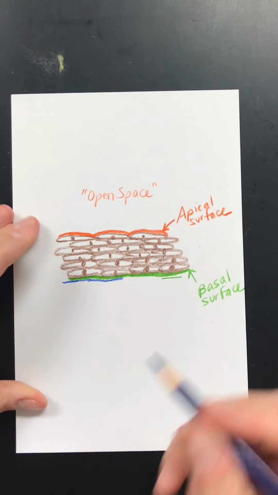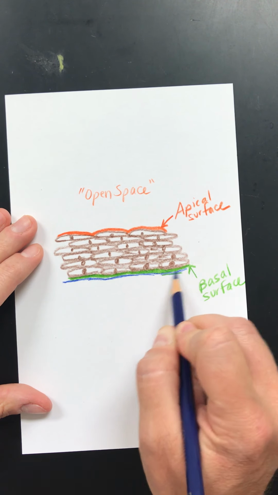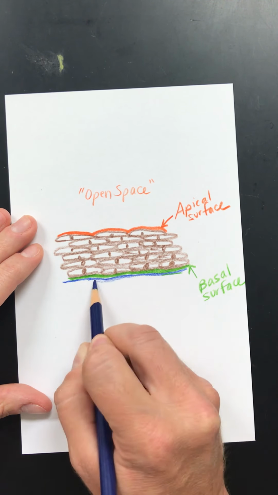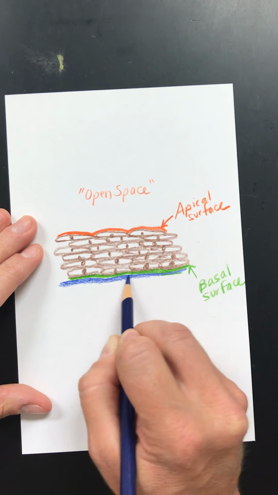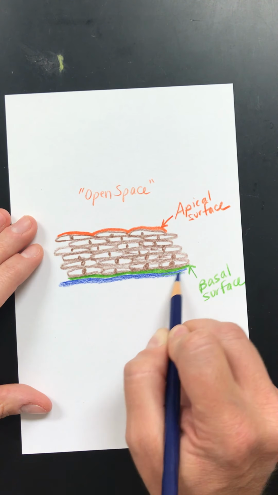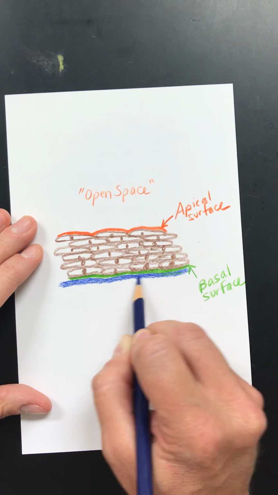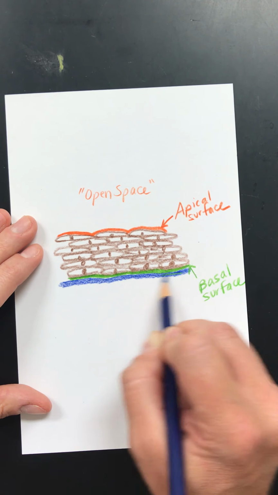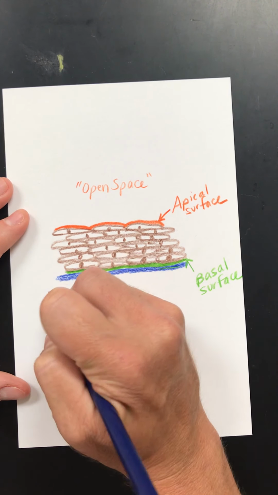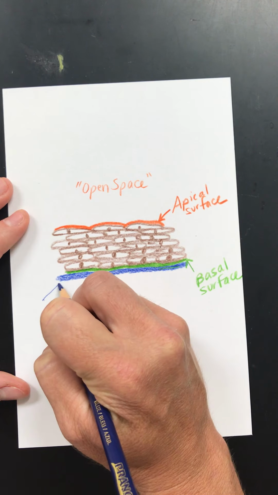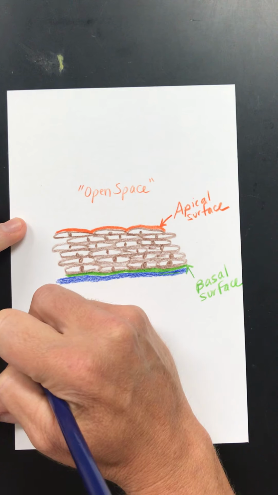Oop, my blue colored pencil is broken. I'm just going to have to be gentle here. All right, so I'm actually going to make this a little bit thicker. So just like your house has a basement or a crawl space, and that crawl space or that basement really forms the foundation of your home, epithelial tissue has a basement membrane also. And so in blue, I'm going to write, wow, this is bad.